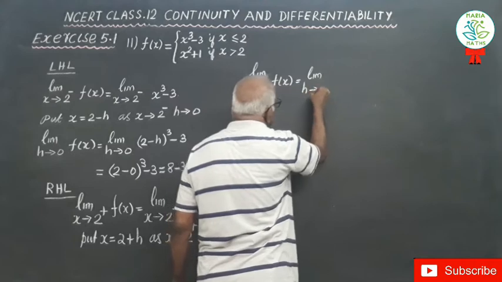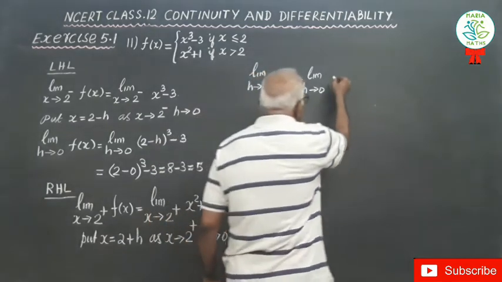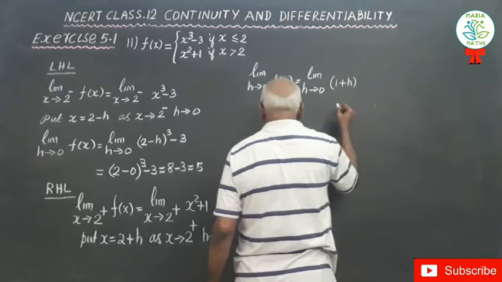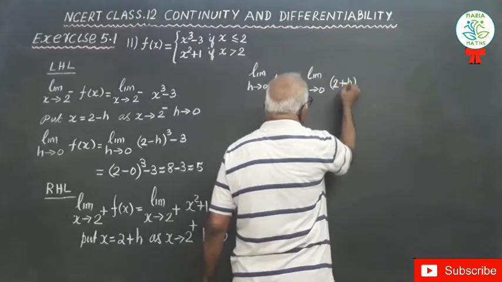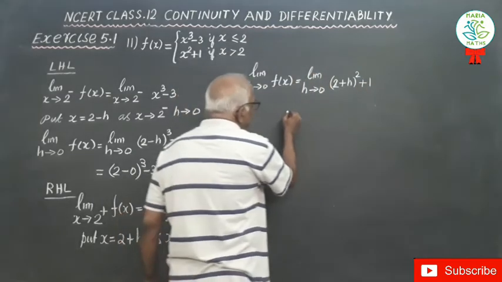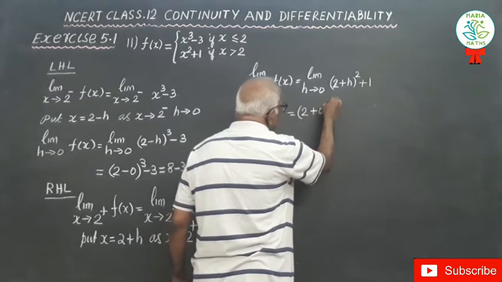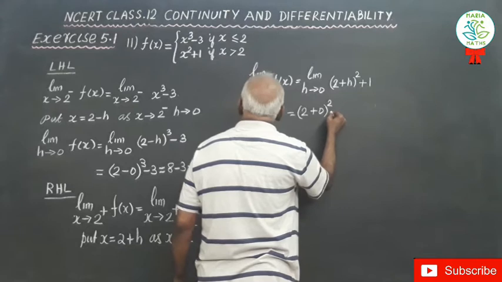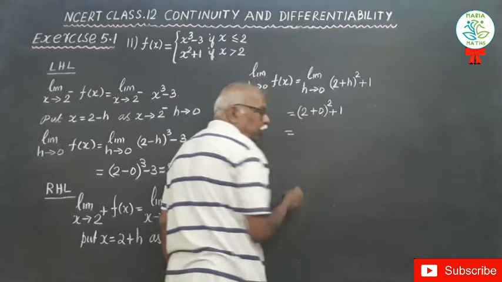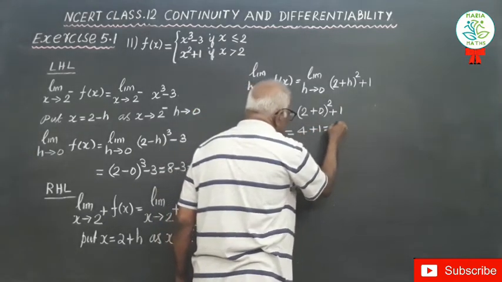limit h tends to 0, f of x is x square plus 1, that is 2 plus h the whole square plus 1. Put h is equal to 0: 2 plus 0 the whole square plus 1. 2 square is 4, 4 plus 1 is 5.